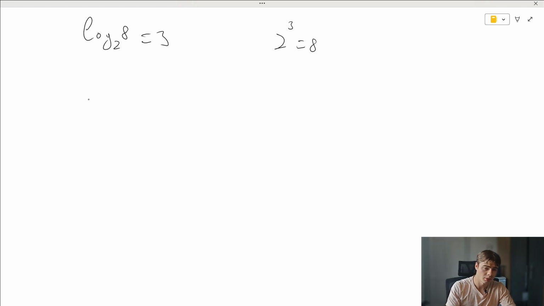Another numerical example: log of 32 base 8 equals, and it actually equals 5 over 3. So logarithms are not always integers. It might be just a rational number. Why?